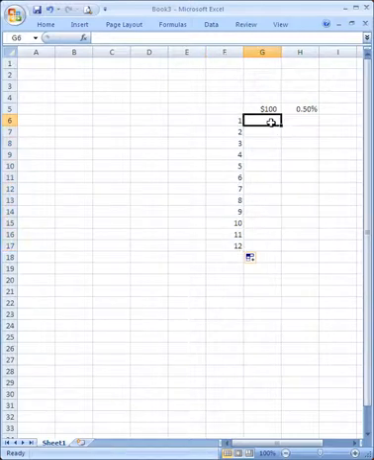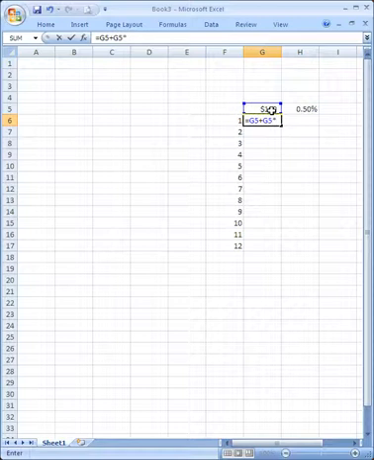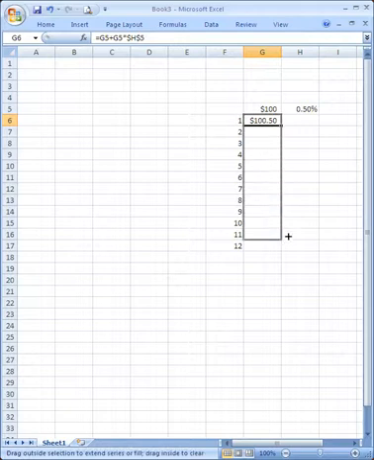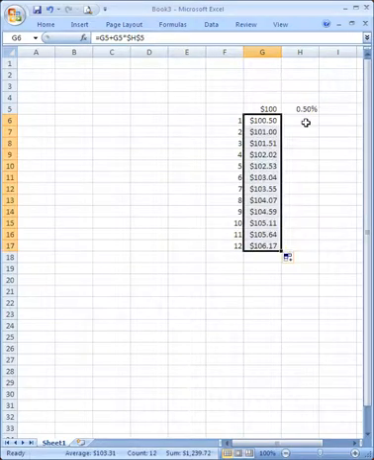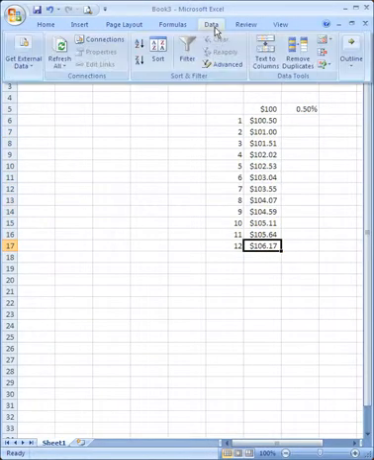If $100 grows at 0.5% per month, then here's how it will grow over the course of the whole year. Half a percent monthly turns out to be the equivalent of 6.17% per year. What's the equivalent of 6.25%? We use goal-seek to find out.